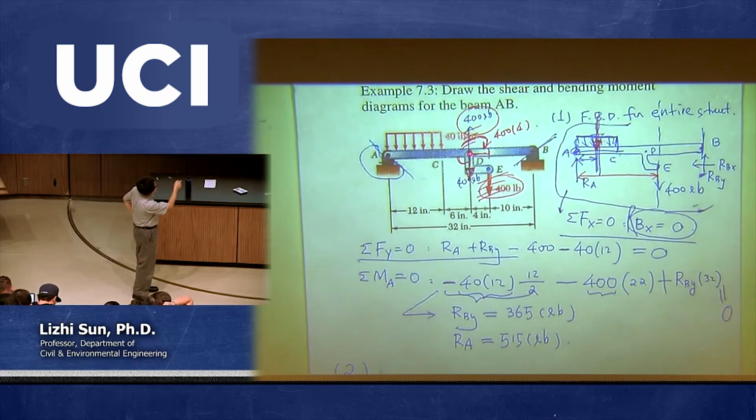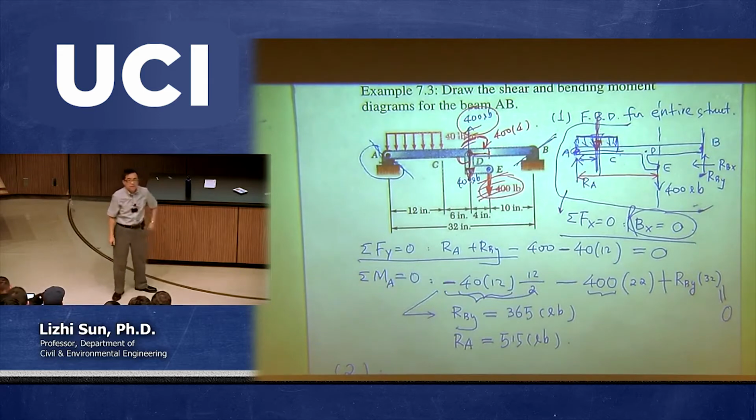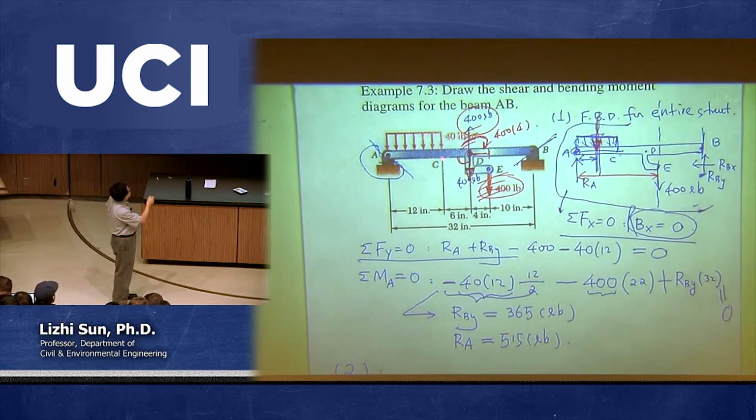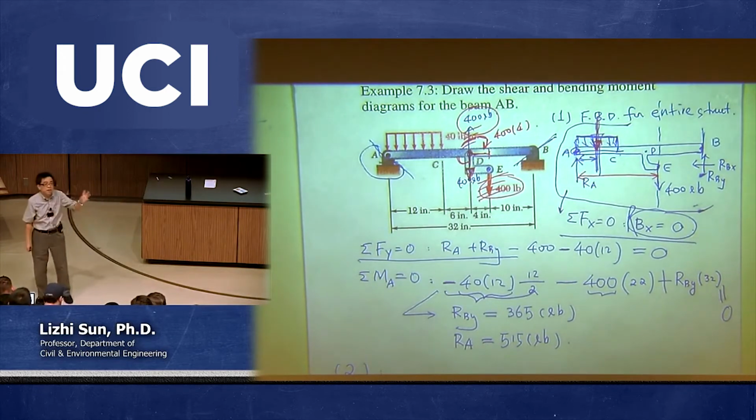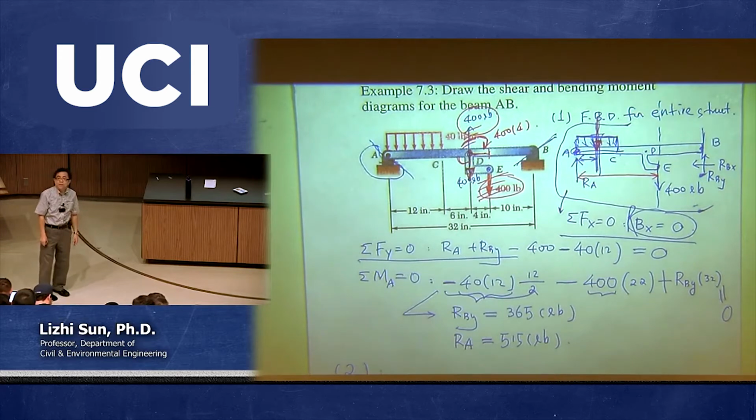So we're moving from D and keep going. There's no discontinuity until we see point B, and that's another cut. So for this problem, we finally end up with three cuts, right? Somewhere from A to C, then C to D, and then D to B. So in order to solve this problem, the minimum number of cuts is 3. Any questions?